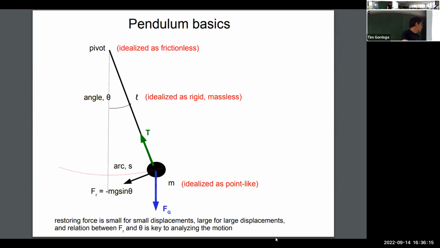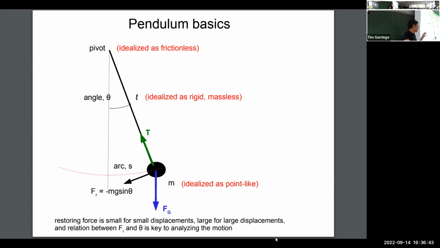The net force that results from the superposition of the two forces is what provides a restoring force. If you displace the pendulum towards the right, there's going to be a restoring force back towards the equilibrium. If you displace it towards the left, then there will be a restoring force back to the equilibrium on the right.